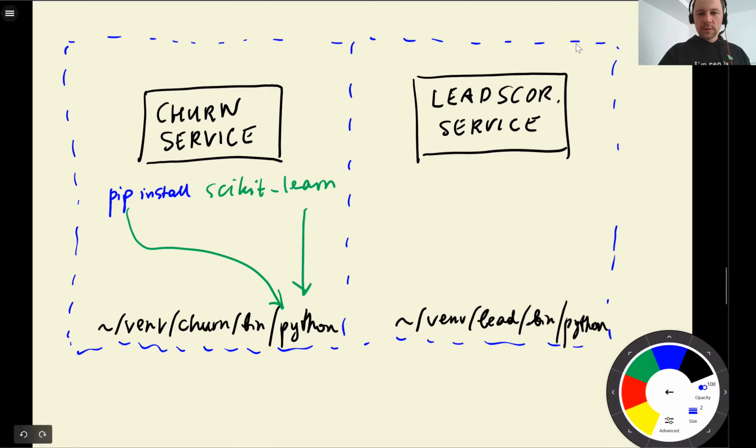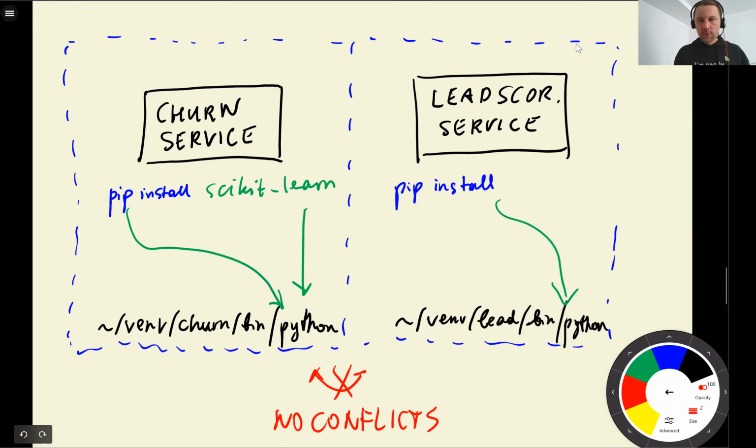When we do pip install there, it uses its own Python, and when you install scikit-learn there, you can install a different version, which will have no conflicts with the churn service. So this way you can keep these things separated. The churn service will have its own dependencies and its own environment, and the lead scoring service will have its own dependencies and its own environment.